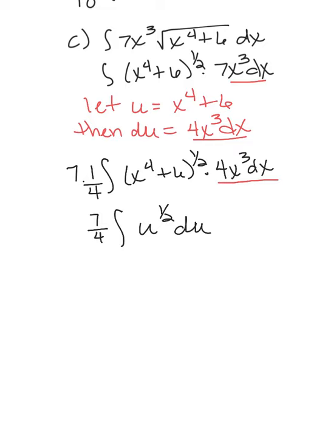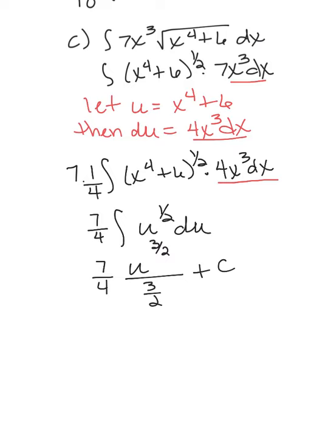We can do our power rule. So keep your 7/4, keep your coefficient, add 1. 1/2 plus 2/2 gives us 3/2 as our power. And we put that over that power we just created, plus c.